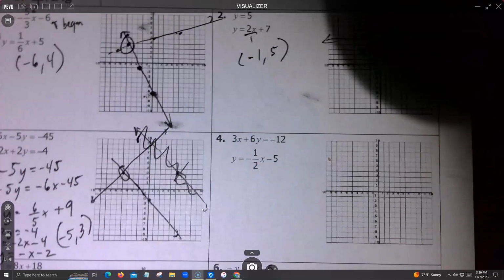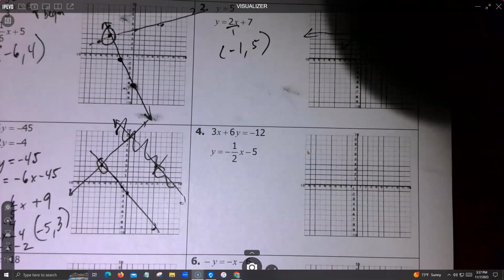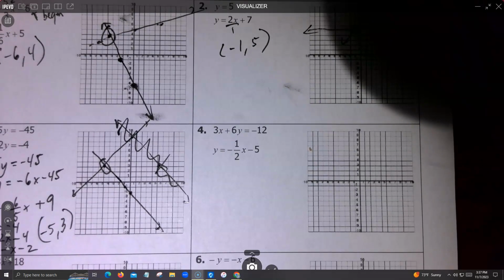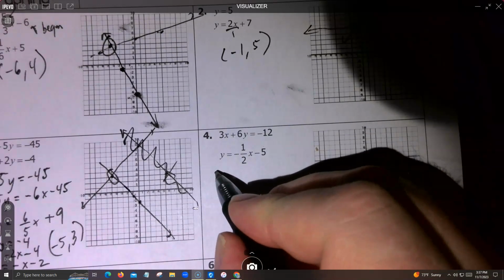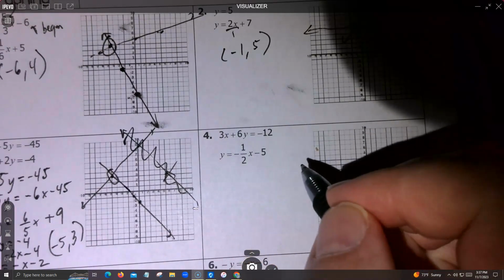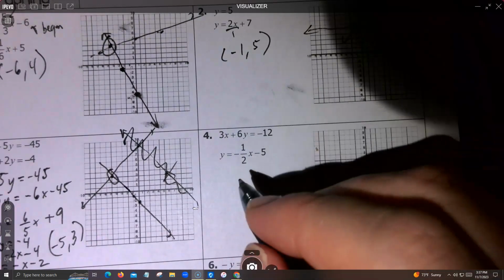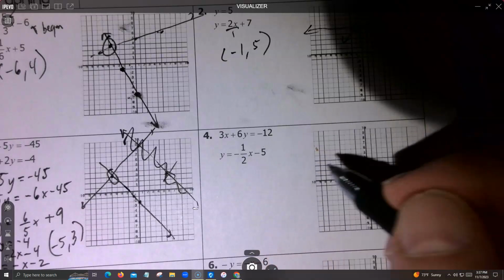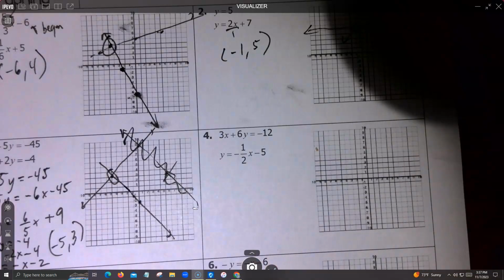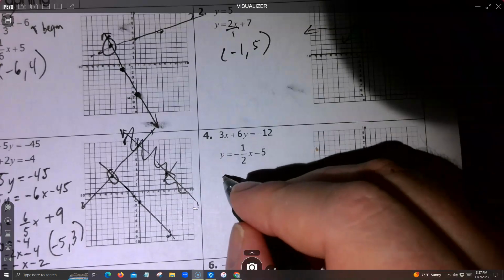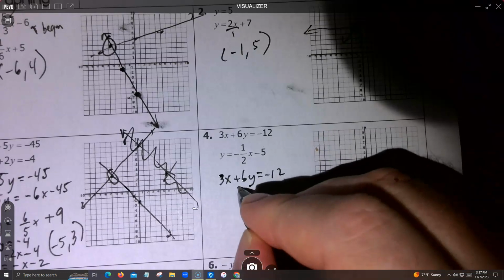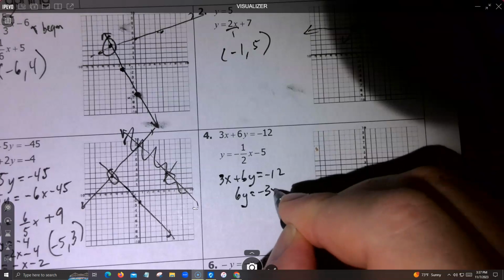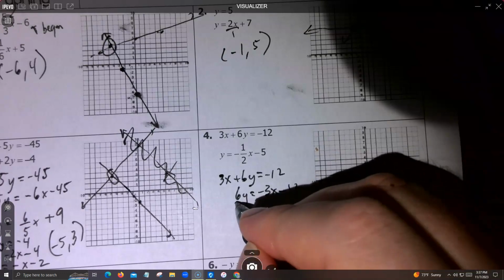All right, number 4. I've got to solve for both of these. This first one's already good, so let's do this one. Move 3x over, divide by 6.